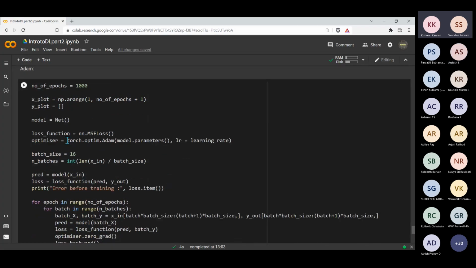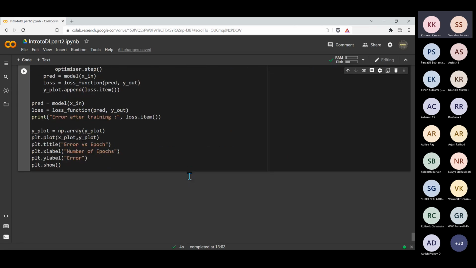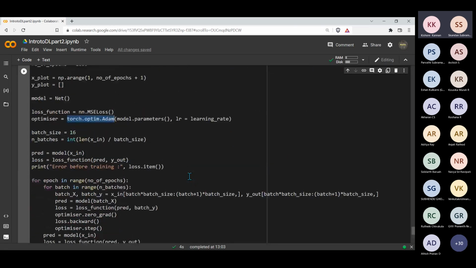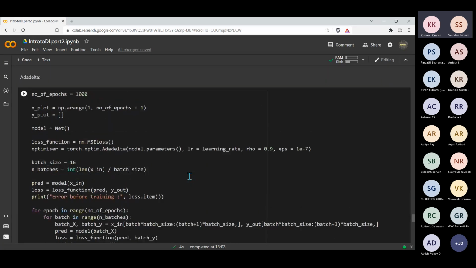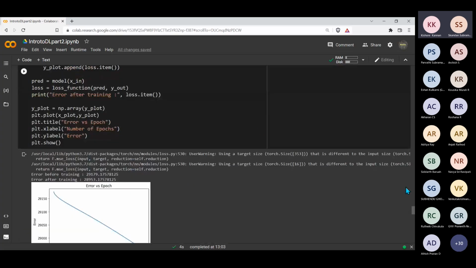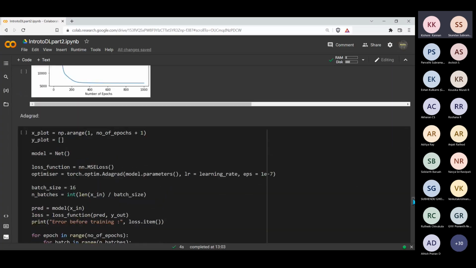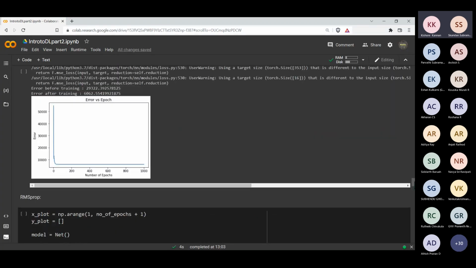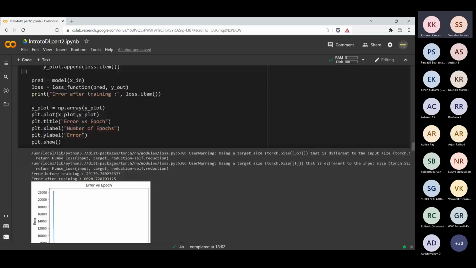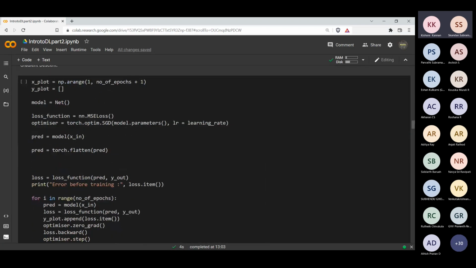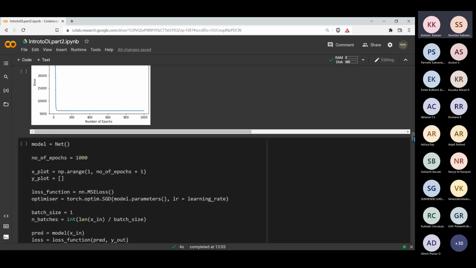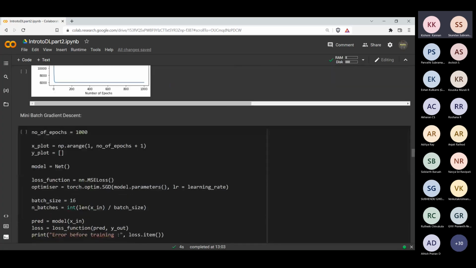And this is the syntax, just torch.optim.adam. And yeah, that's it. That's how we implement it. Basically, the codes of all these optimizers are the same except for the optimizer function. So if you understand this mini batch gradient descent, then the other codes will be clear.